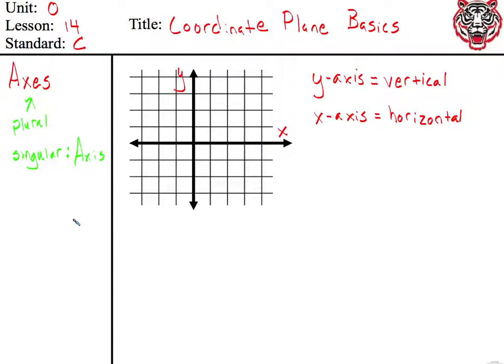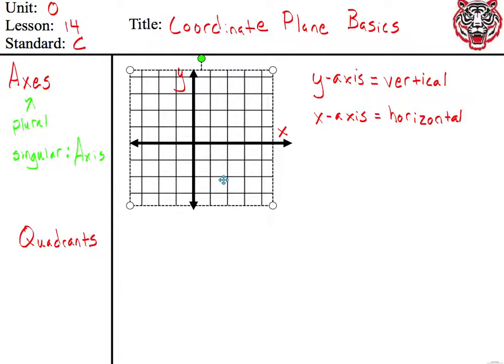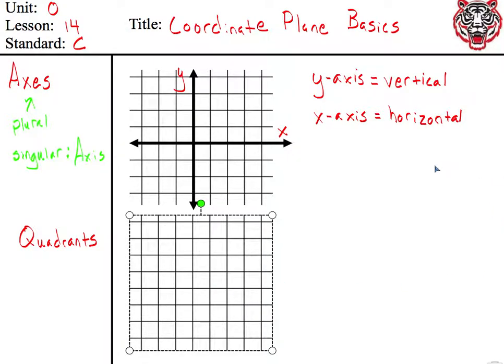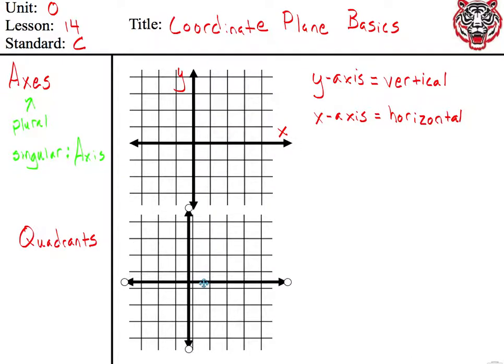All right, I want to talk about quadrants. When I say quadrants, what do I mean? So go ahead and make a new set of axes. Technology is so nice. I can just copy paste. All right, my axes, or my quadrants.